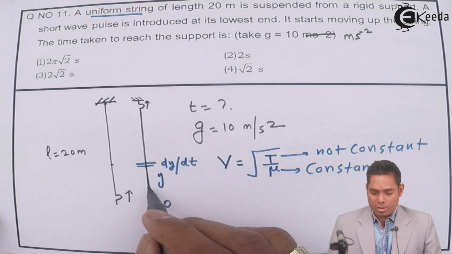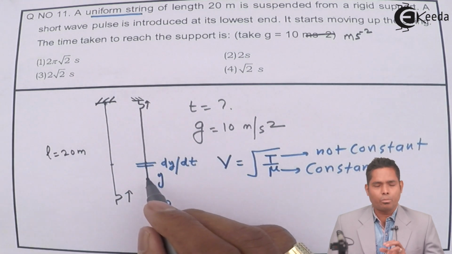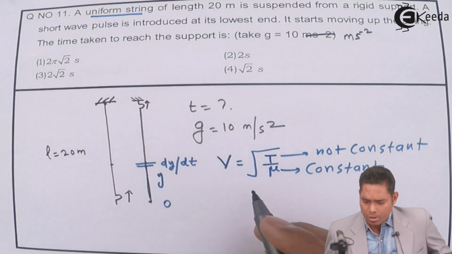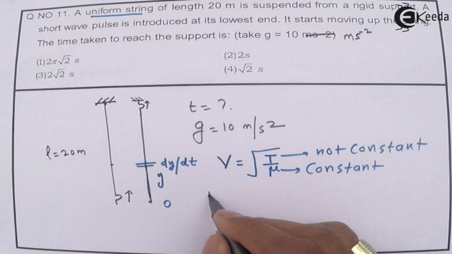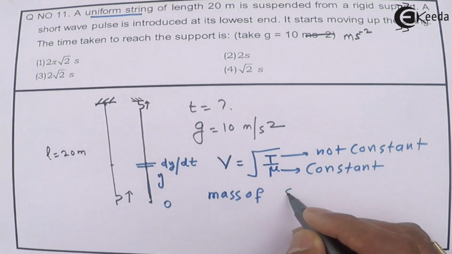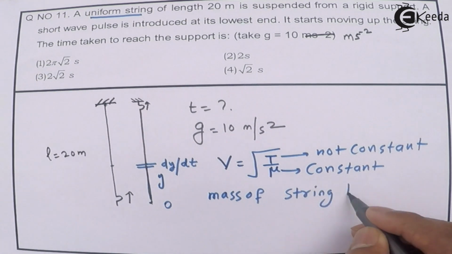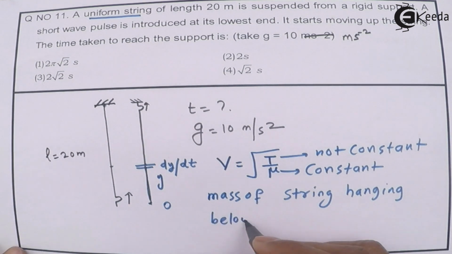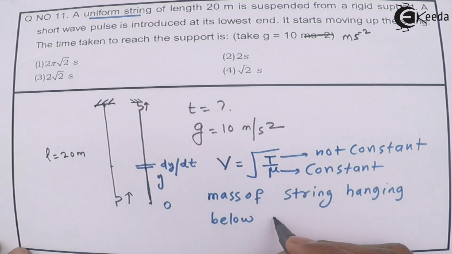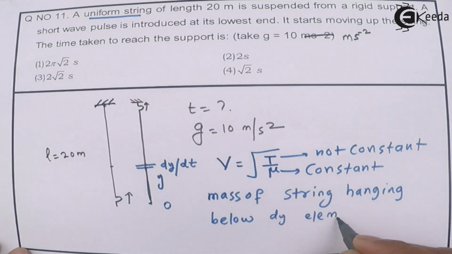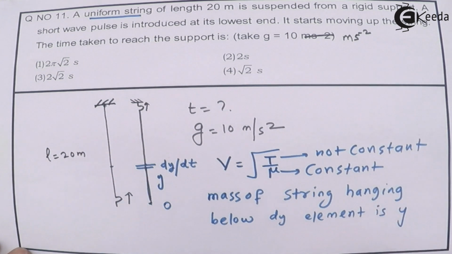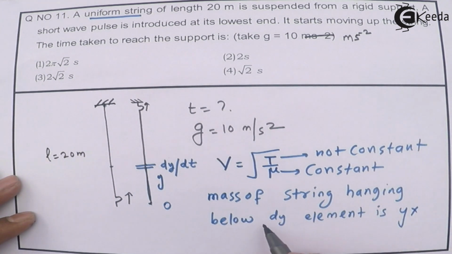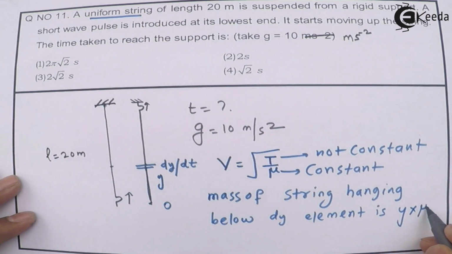The tension is due to the weight of the string lying below this point, which is of length y. So the mass of the string hanging below this dy element is y into mu.